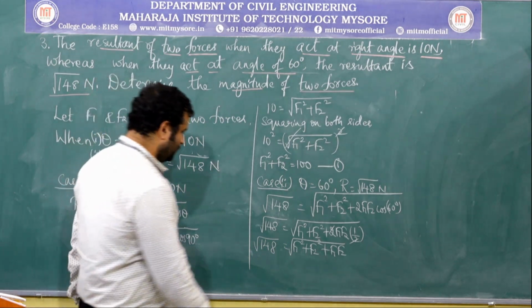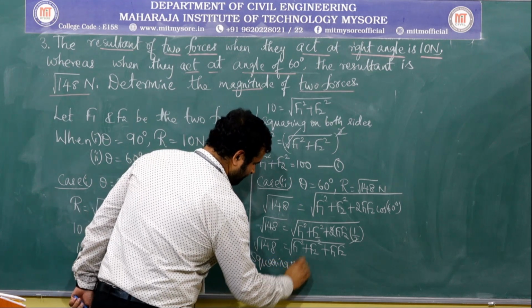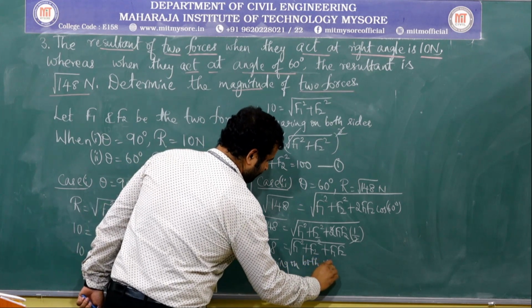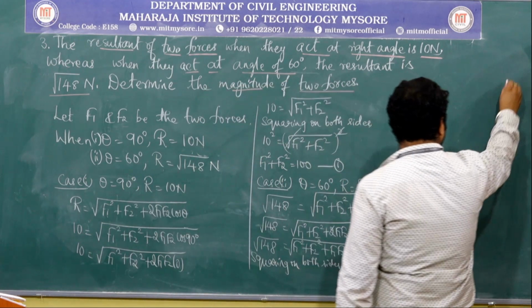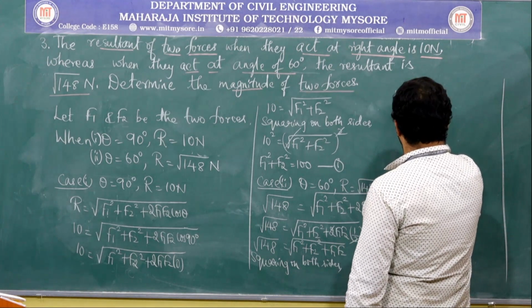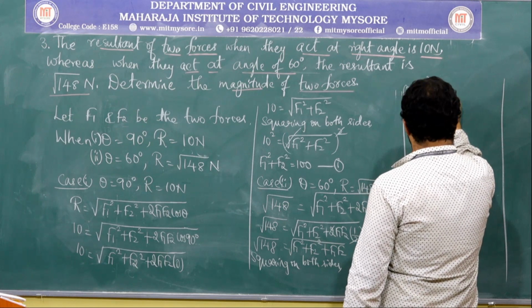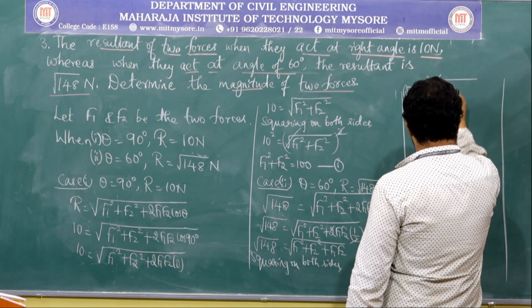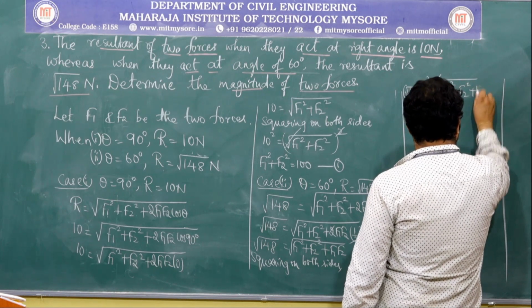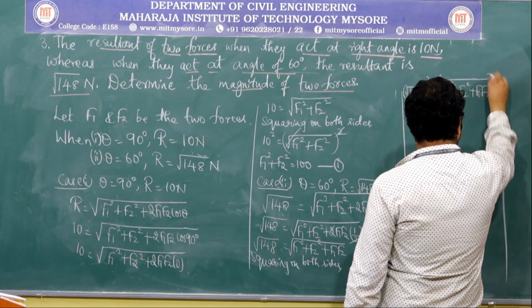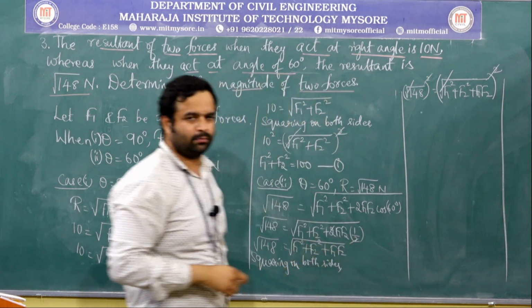Now on squaring both sides, square and square root get cancelled on both sides.